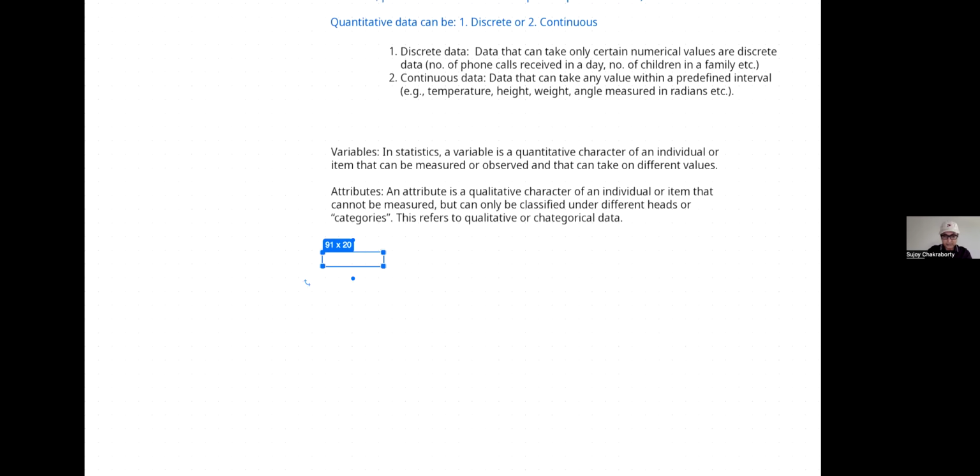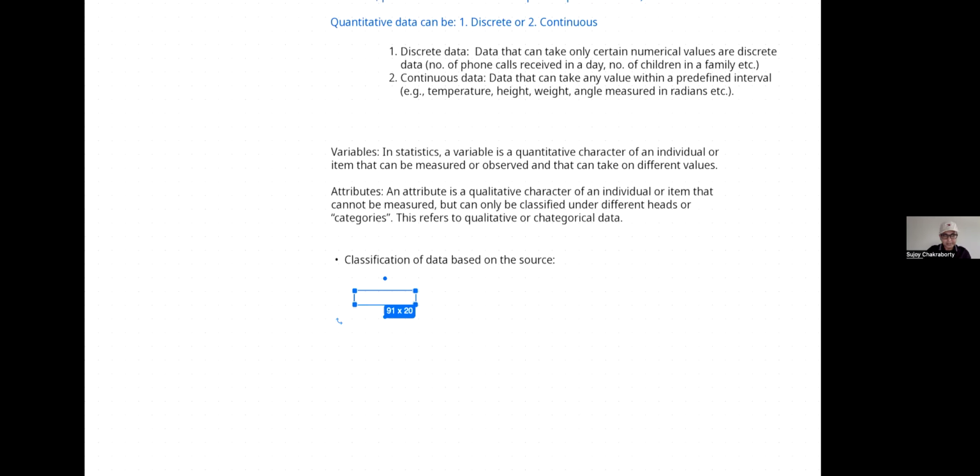Okay, so classification of data based on the source. So we have two types of data. One is primary data.